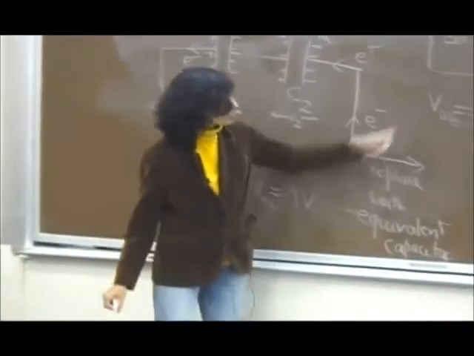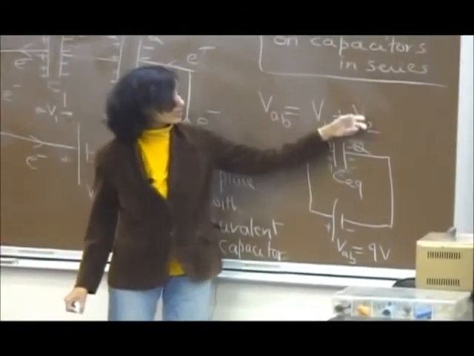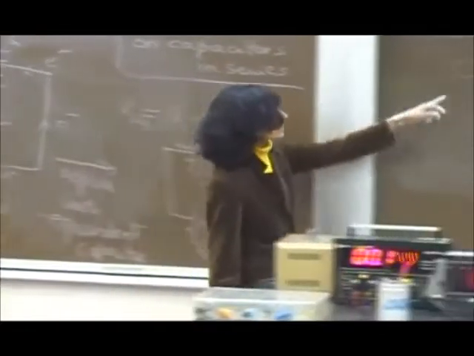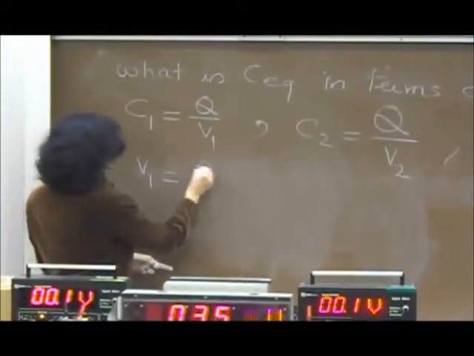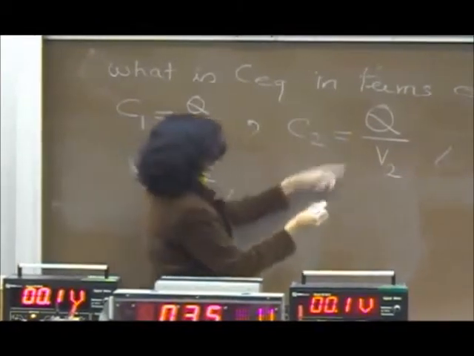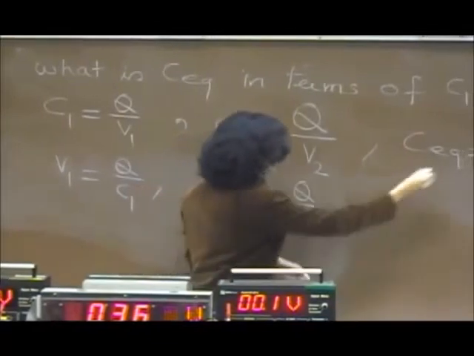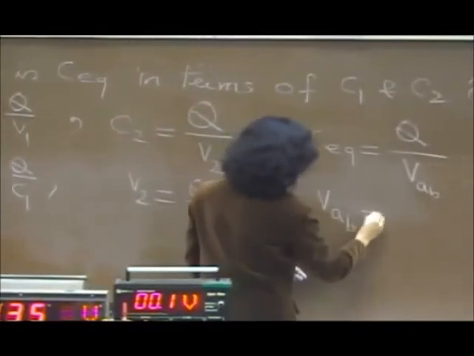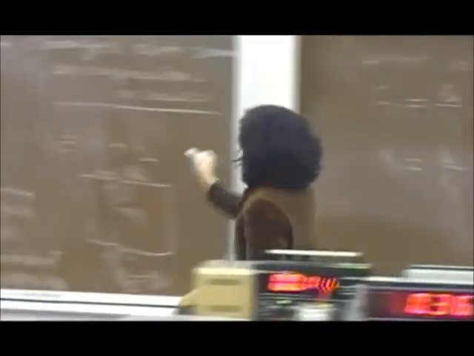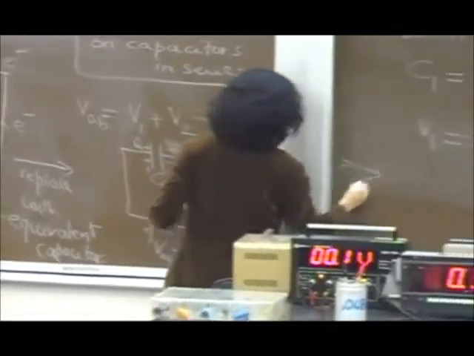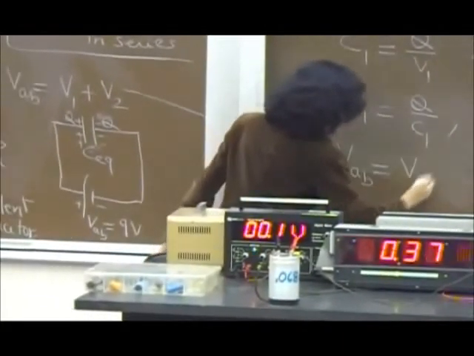And hey, we can make use of this. We know that VAB is equal to V1 plus V2. So we see that V1 is equal to Q divided by C1. Similarly, V2 is equal to Q divided by C2, and VAB is equal to Q divided by C equivalent. But I know that VAB should be equal to V1 plus V2.